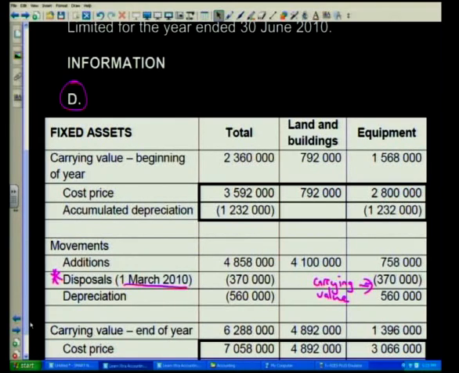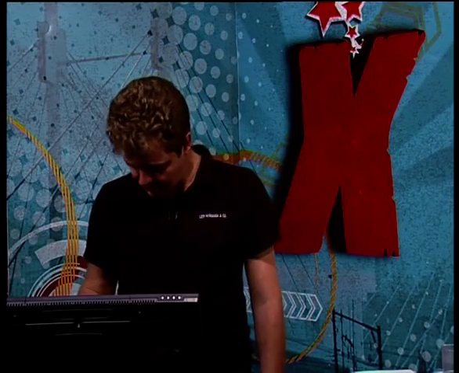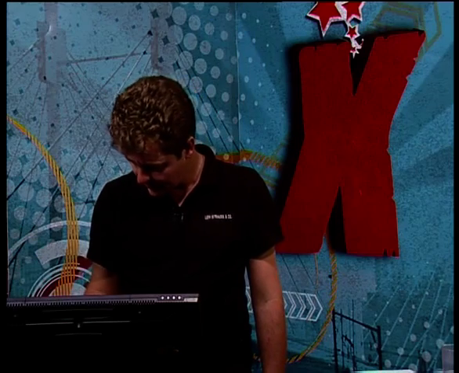So we sold something valued at 370,000 and received cash for it of 370,000. There it is. So what that means is that we have not made a profit or a loss on this piece of equipment because we've sold it at exactly the same price as what it was valued for.